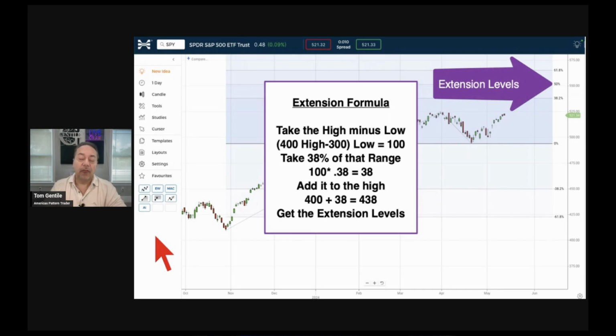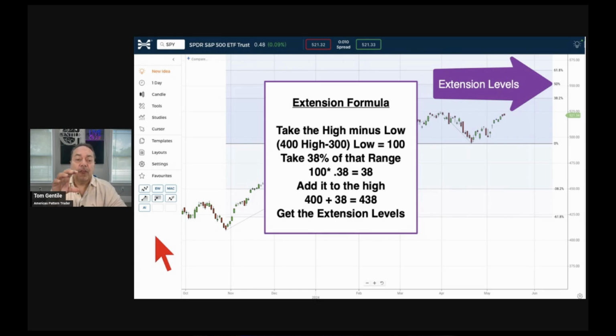I was using examples of, let's say, 400 minus 300, you take 100, take 38% of 100. Then looking at the SPY, which is at 500, we could take 500 minus 400, which was the high to low, add 38 to it, and we were looking at about a 538 extension level.